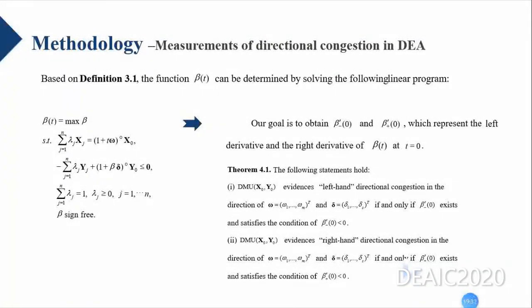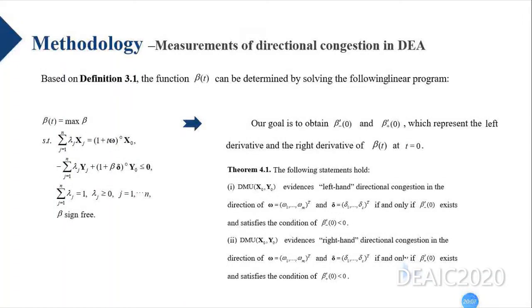From definition 3.1, the function beta t can be determined by solving this linear program. Then, our goal is to obtain the left derivative and the right derivative of beta t. The values of them can be applied to evaluate the left-hand and the right-hand congestion status of the target DMU in the given direction.